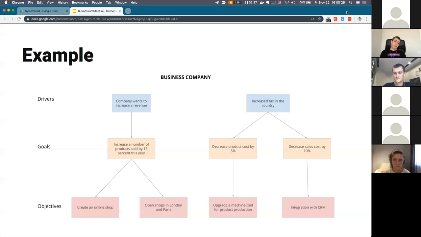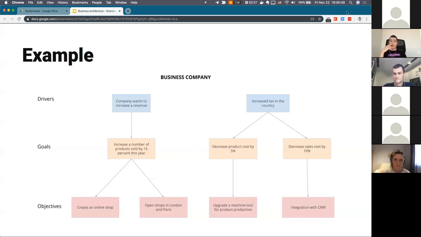But thanks to Sergey's presentation, we should split drivers and goals. Sometimes I called it drivers, sometimes goals, but it's actually a different thing. And that's what we are aiming to understand first before we start with any implementation of any of the objectives.